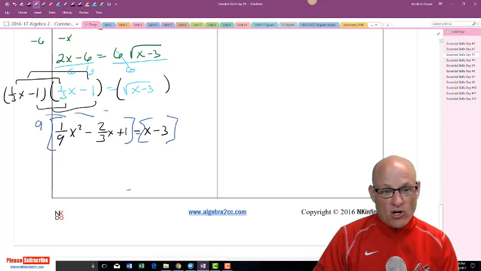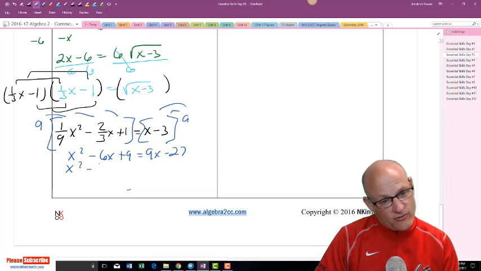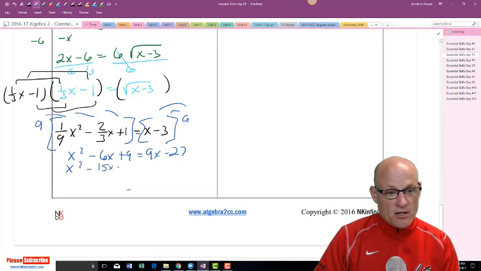And I'm going to distribute to all of these, because whatever you do to one side, you got to do to the other. So this gives me x squared minus 18 over 3 is 6x plus 9 equals 9x minus 27. Bring everything to one side. I get x squared minus 15x plus 36 equals 0.